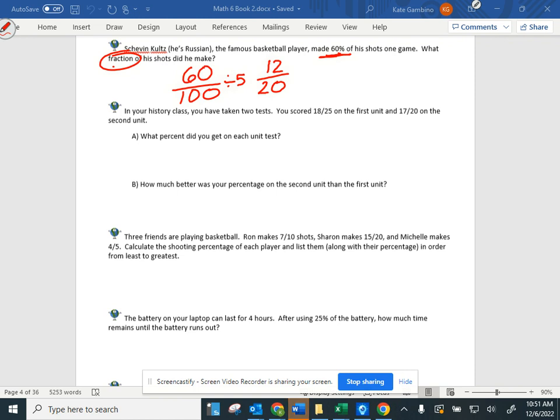Yes. I'm at 12 20ths. I could divide a 4 out. 12 divided by 4 is 3. 20 divided by 4 is 5. Can I go any simpler? No, that is as small as we could go. So he made 3/5 of his shots. Pretty good.